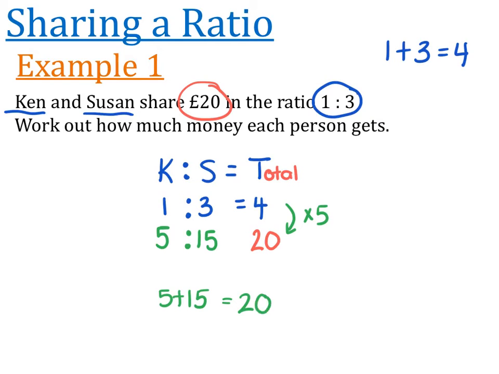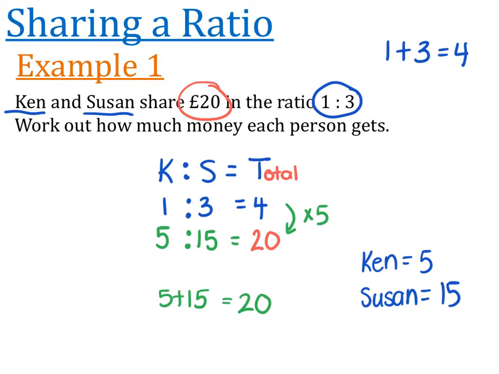So it looks like we've done everything correctly, and we can write our equal sign in there. It says, work out how much money each person gets. We can find out that Ken gets 5 pounds and Susan gets 15. You don't have to write a little bit in blue at the end, but it is useful if you want to just check.